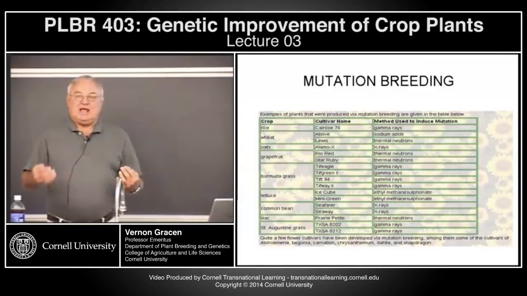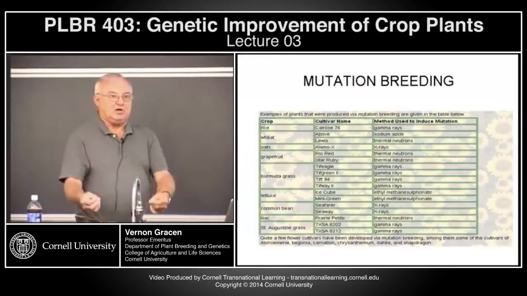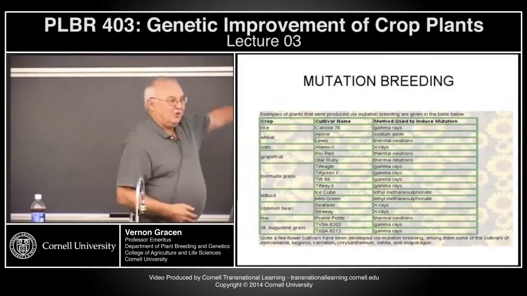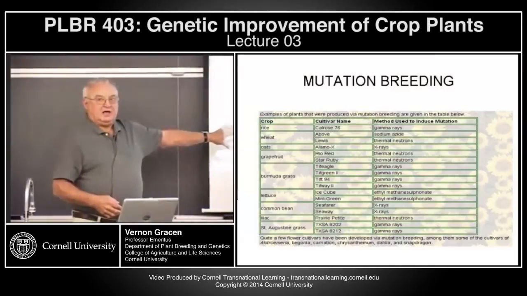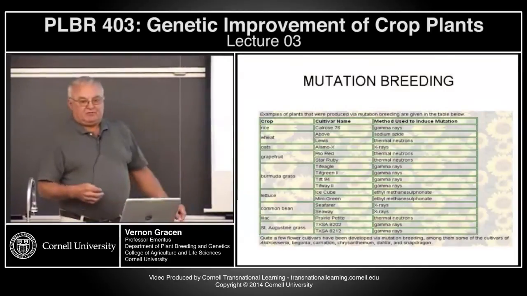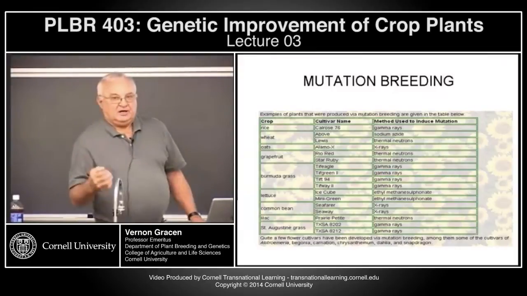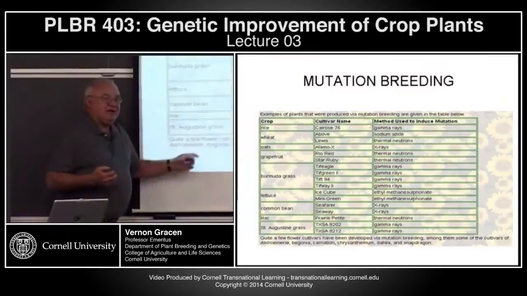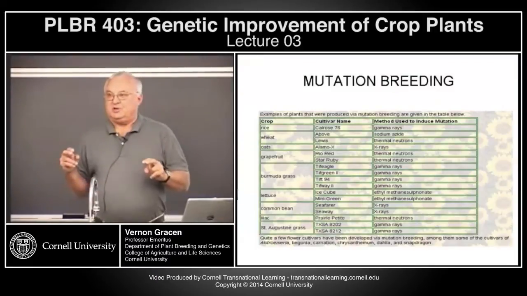As you probably gather by now, mutation breeding didn't replace plant breeding. Mutation breeding became one set of tools that plant breeders have utilized to create genetic variability. And you also have to realize these are varieties that resulted in sort of useful mutants.